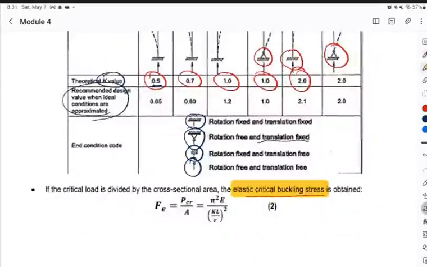Okay? Is obtained. And anong formula niyan? Ito na yan. Pi squared E all over KL all over R squared. Okay? Yan ang ating elastic critical buckling stress.